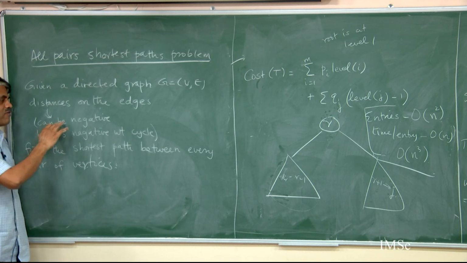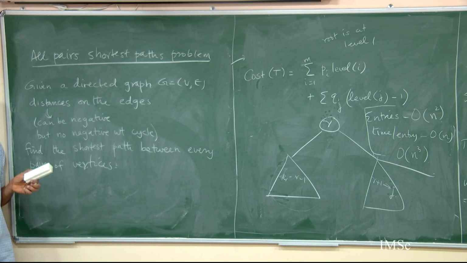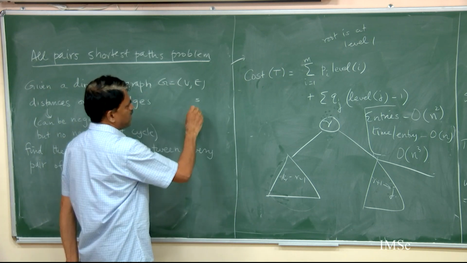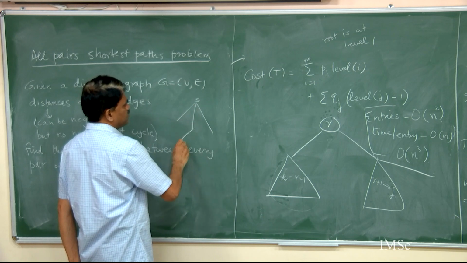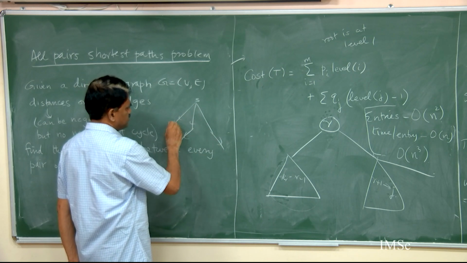If you have negative edge weights, you need what's called the Bellman-Ford algorithm. Both these algorithms, depending on whether you have negative edge weights or not, given a vertex S, are single source shortest path algorithms. I can find the length of the shortest path from S to every other vertex in whatever time.